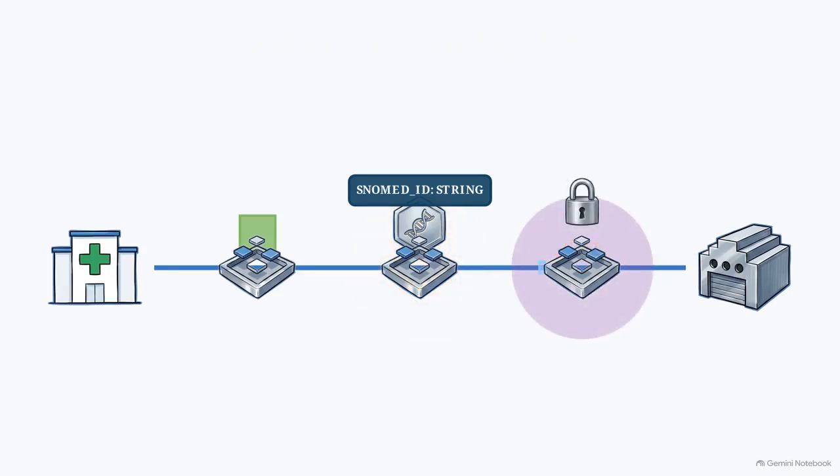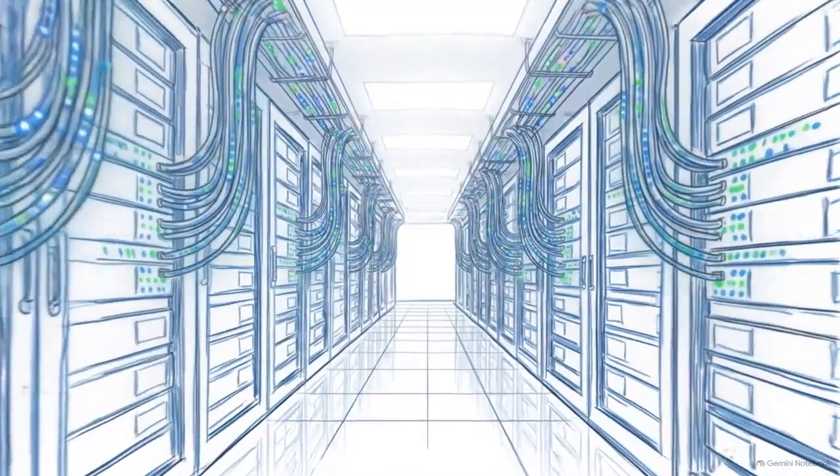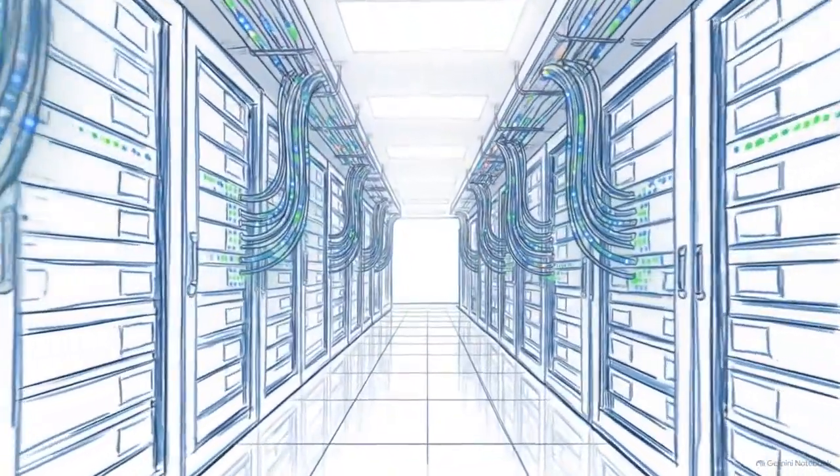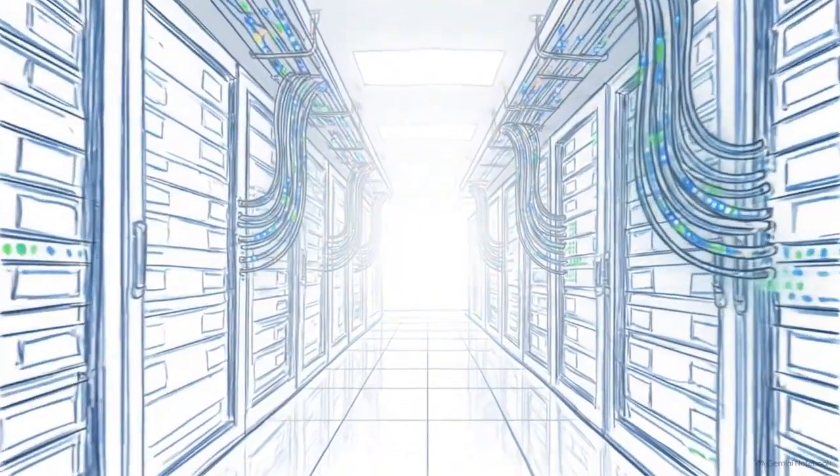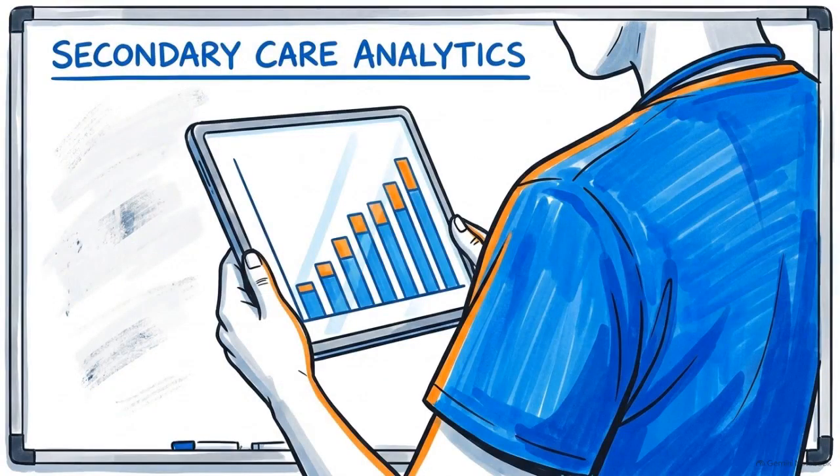And we wrapped the financial data in a semantic metadata layer, protecting the business logic of indicative costs from analytical misuse. Engineers who anticipate structural evolution and retroactive state changes align their technical infrastructure with the clinical reality of the source. This architecture provides the consistent record required for precise secondary care analytics.